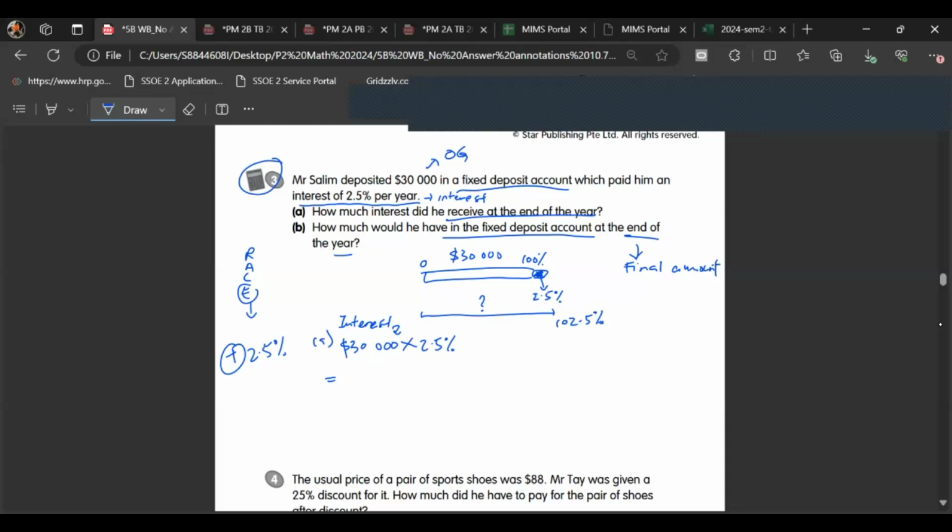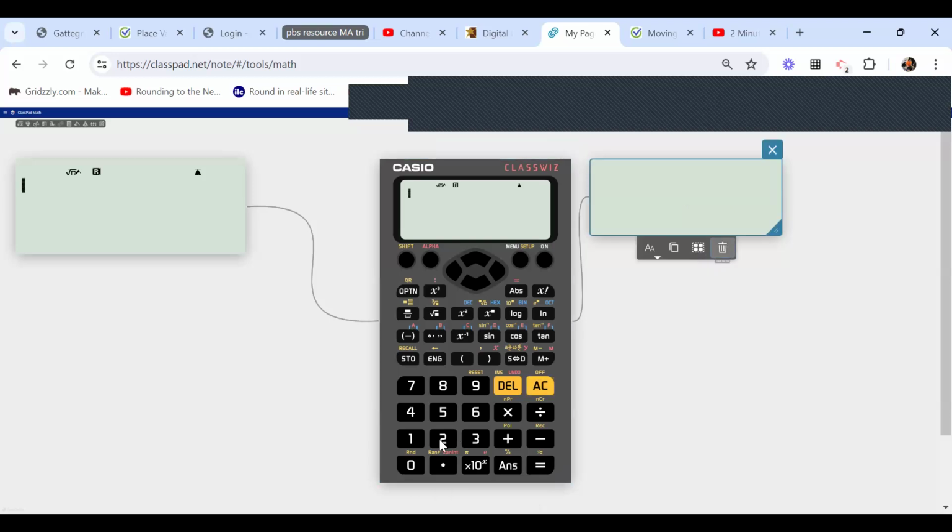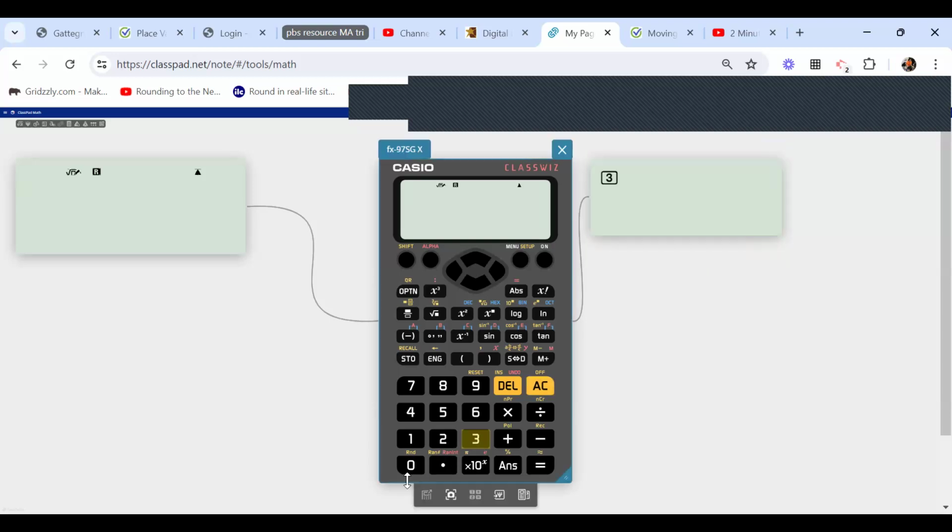Again, it's a calculator question, so it's really testing if you know how to press. 30,000 times 2.5, press the percent key, then equal: 750.